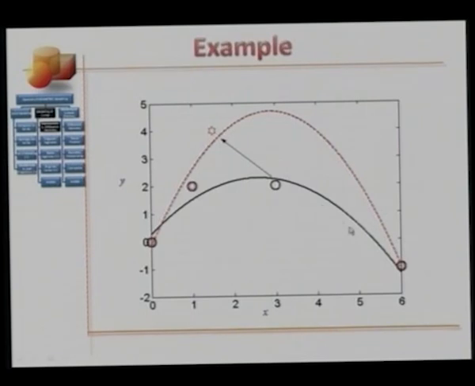The black curve is the first quadratic equation, and if I move this point to a different location, I get this red curve as a new quadratic function. Once again, we observe that changing the location of any data point affects the shape of the entire curve.